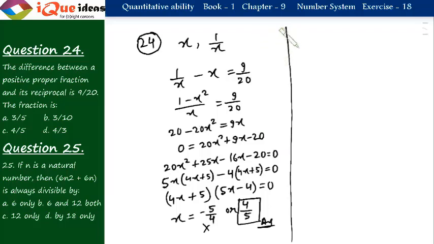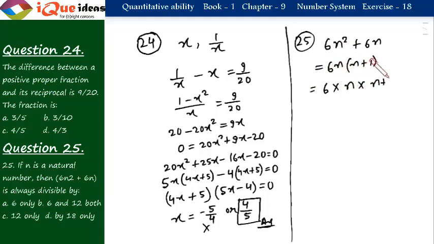Now question 25, it says, if n is a natural number, then 6n square plus 6n is always divisible by, let's see, 6n square plus 6n. If you take out 6n common, you will get n plus 1. Now it looks like 6 into n plus 1. Please understand that n and n plus 1 are consecutive integers.